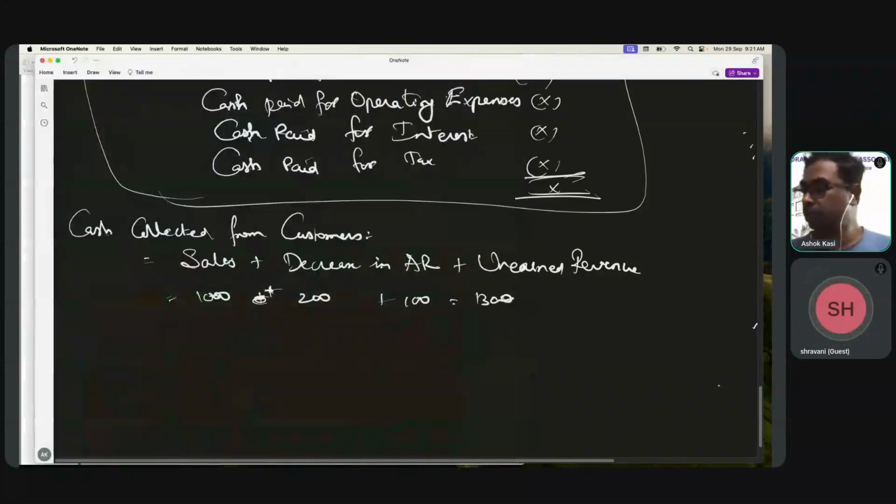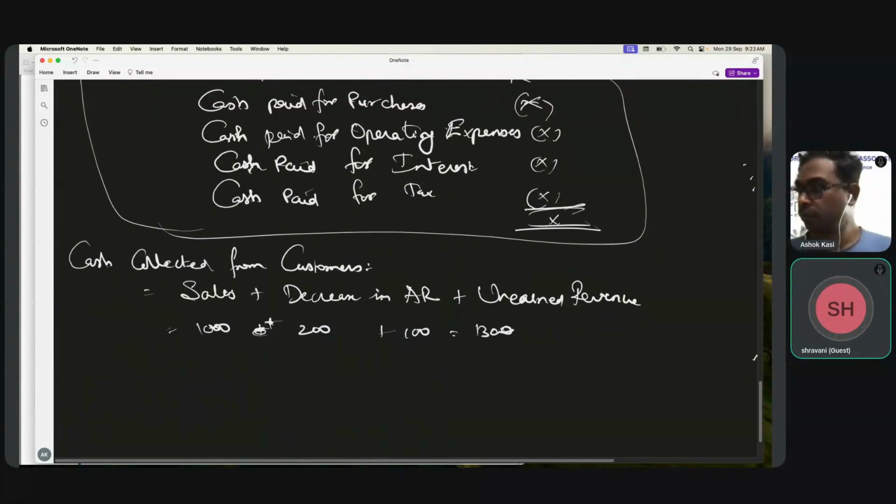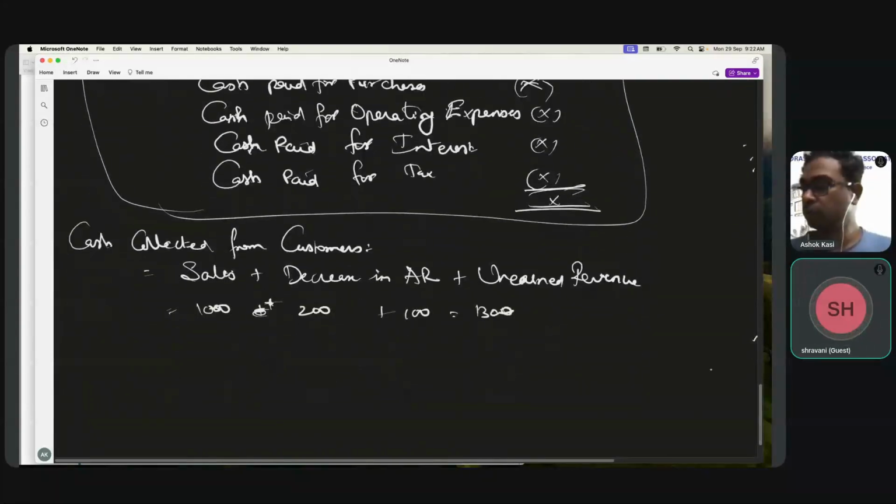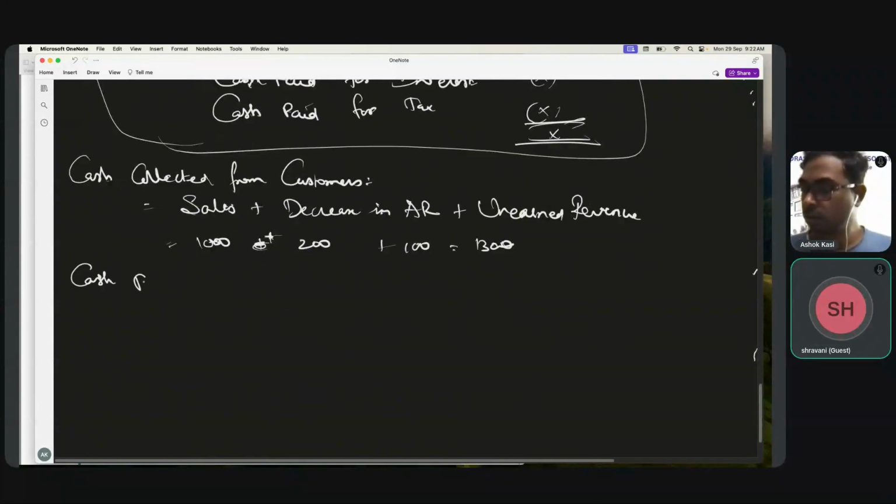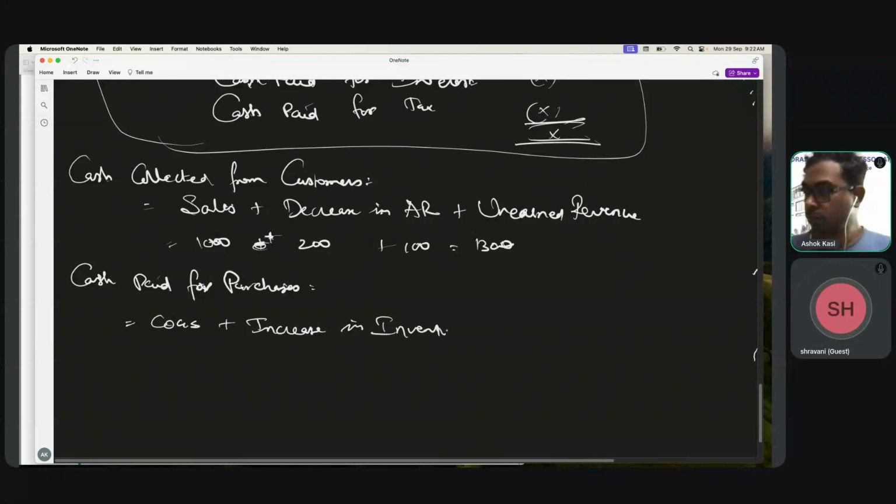The next one, cash paid for purchases. Cash paid for purchases will be cost of goods sold plus increase in inventory, because this together constitutes purchase, plus what else can come in purchase.